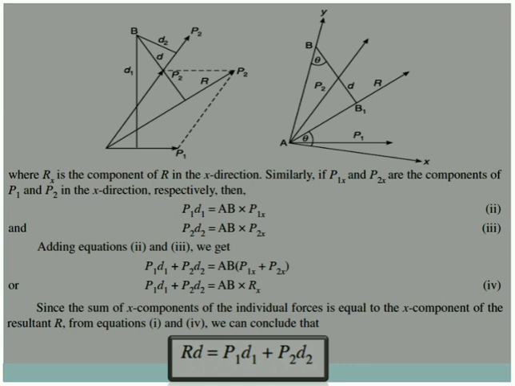In equations 1 and 4, the right hand sides are the same. Therefore the left hand sides also have to be the same, which is Rd equal to P1 d1 plus P2 d2. This is nothing but the statement of Varignon's theorem: the moment produced by the resultant is equal to the sum of the moments produced by the individual forces about the same point.